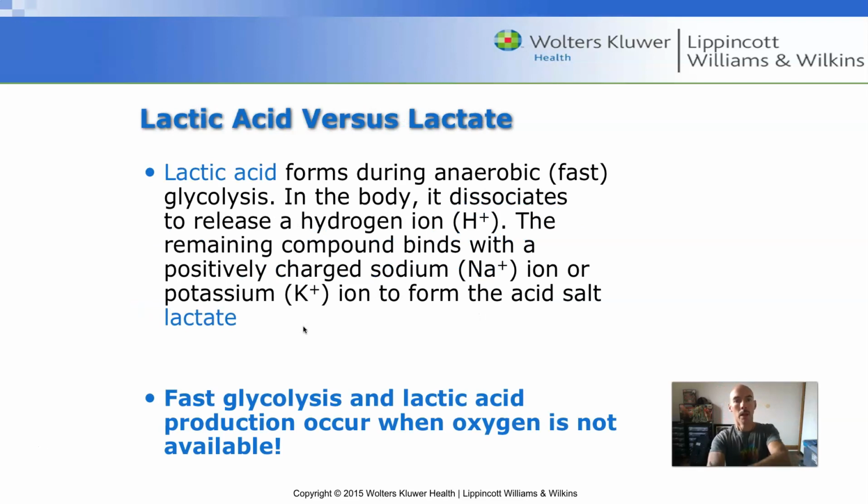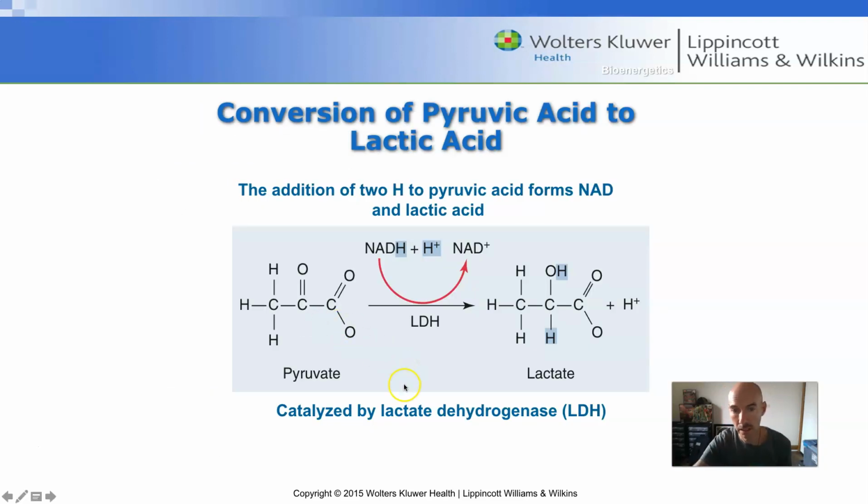Okay. So as I mentioned, if oxygen is not available and glycolysis is proceeding anaerobically or in a fast way in the absence of oxygen, pyruvate is going to actually combine with the NADH to form lactic acid, right? So NAD can only hold on to that hydrogen for a short period of time, okay?